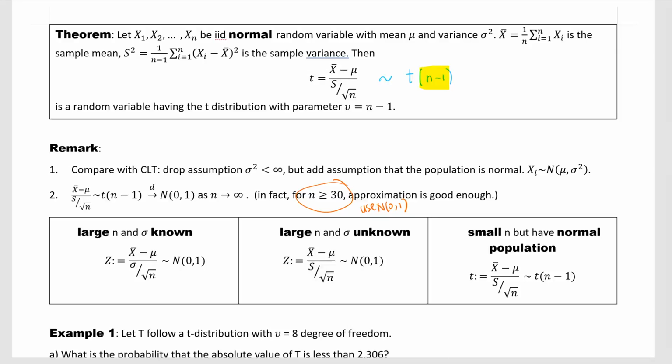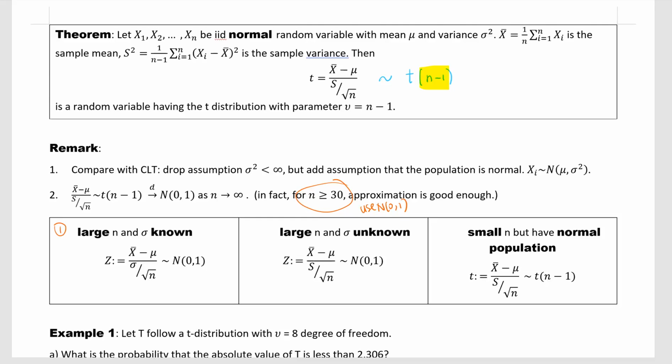That's why we can summarize our cases into 3 cases. First case, we have a large sample and we know sigma. Then the standardized sample mean, X bar minus mu over sigma over square root of n, approximates the standard normal distribution.